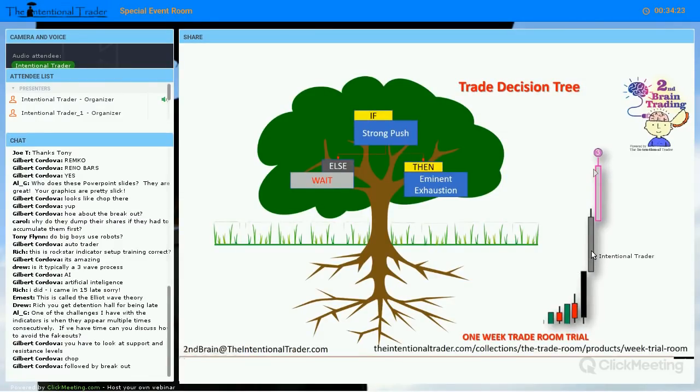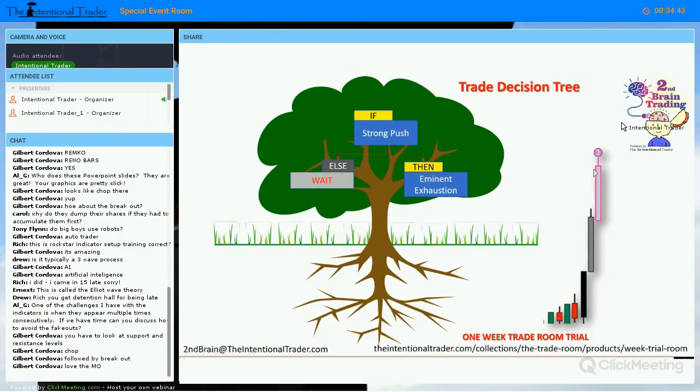Okay, so this is our Mo meter indicator. Everybody knows this. You guys are using this. It goes from black to gray to white. How many times do you see it go white for an extended period of time? How many times have you seen multiple white bars on your chart?